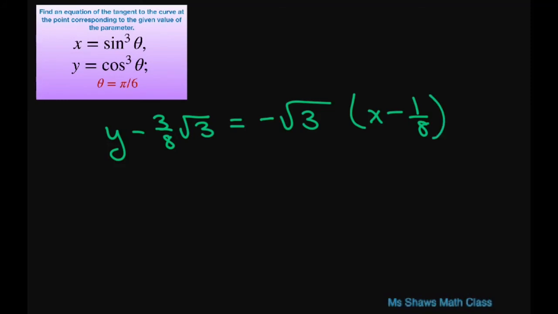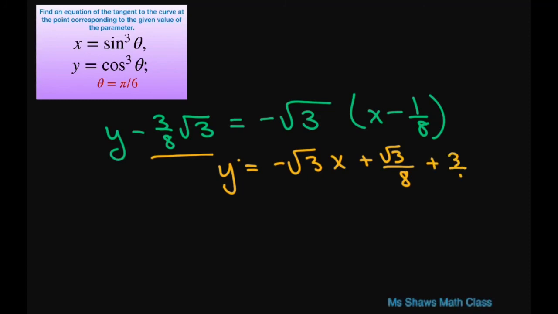Now, this is going to simplify to y equals negative square root of 3 x, and then plus square root of 3 divided by 8, and then we have to add this plus 3/8 square root of 3.